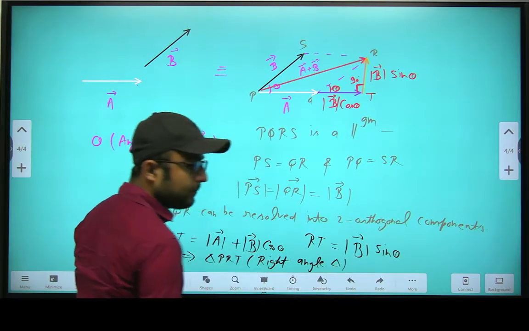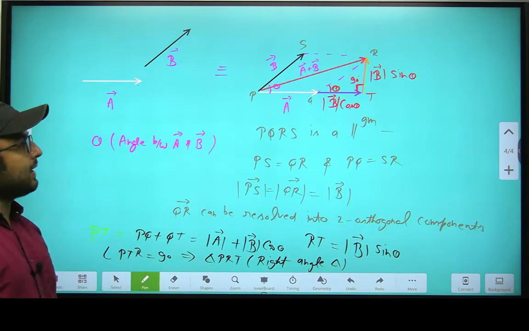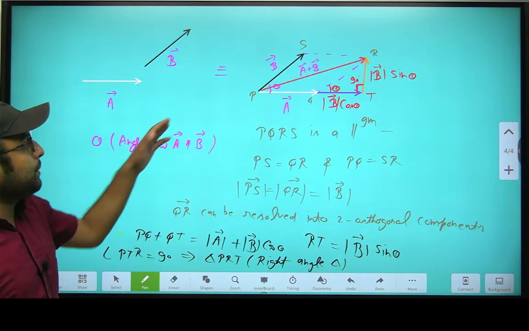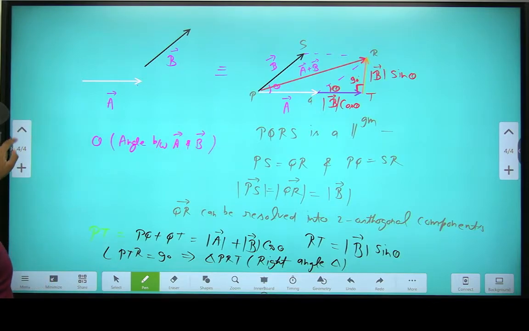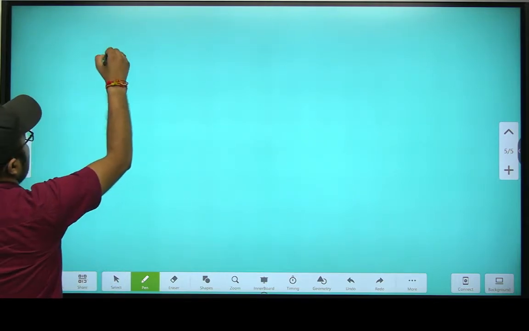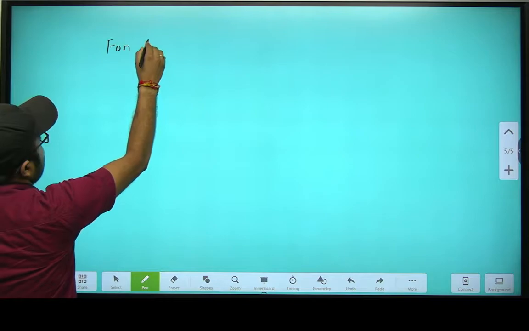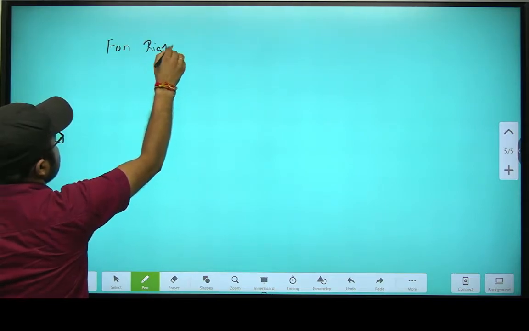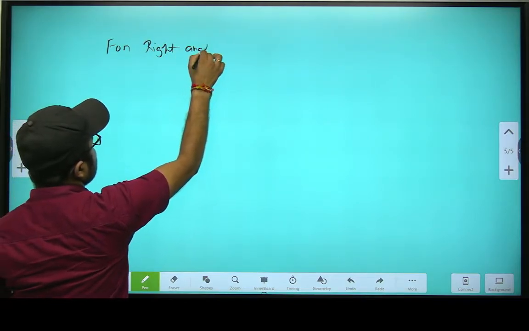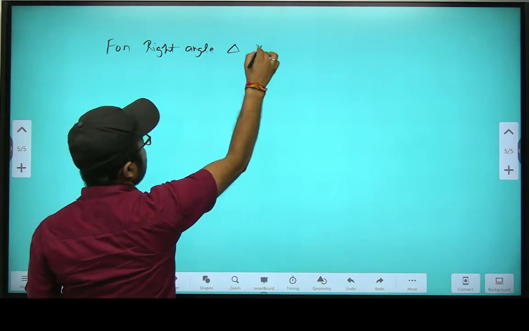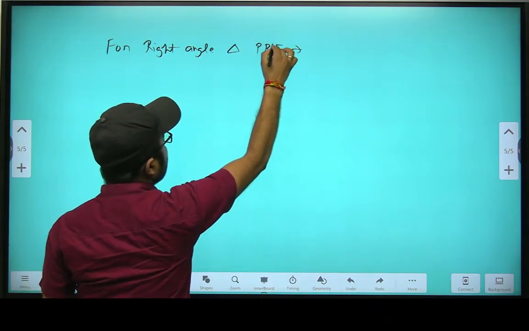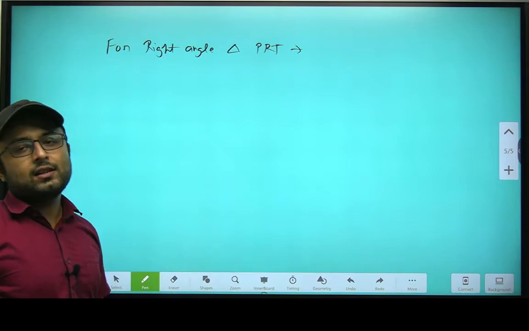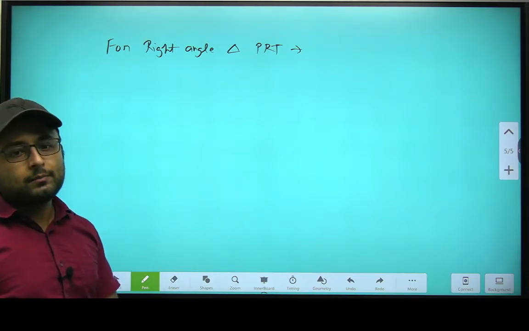PRT is a right angle triangle. And for right angle triangle PRT, we can apply any trigonometrical relation as well as the Pythagoras theorem.